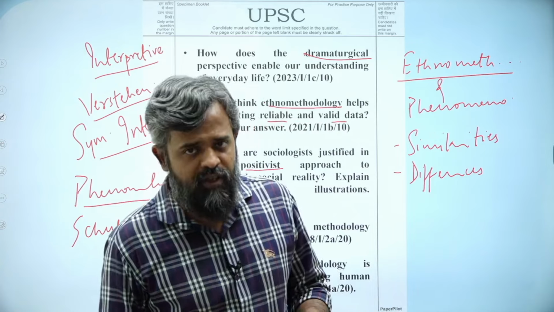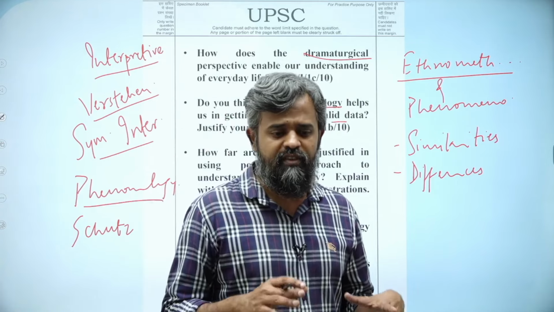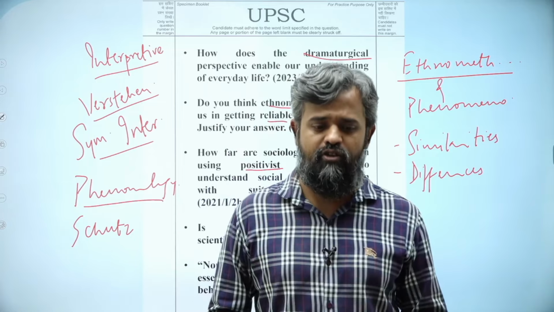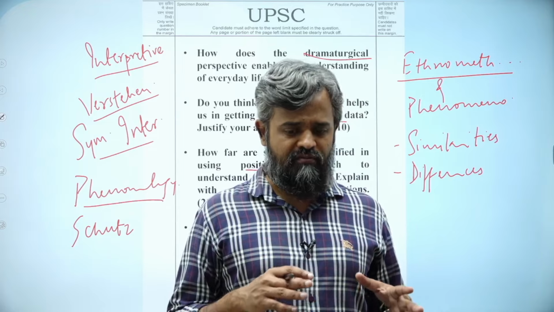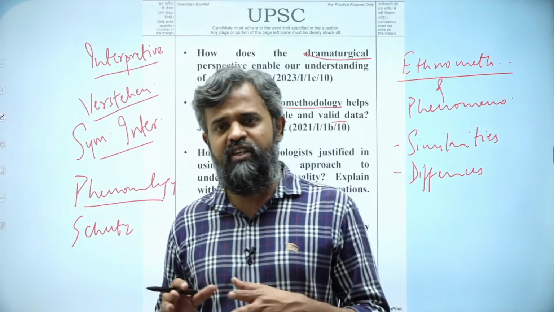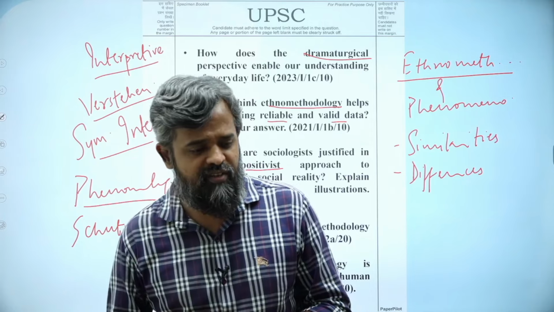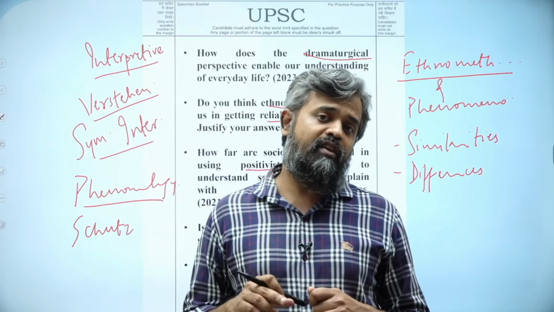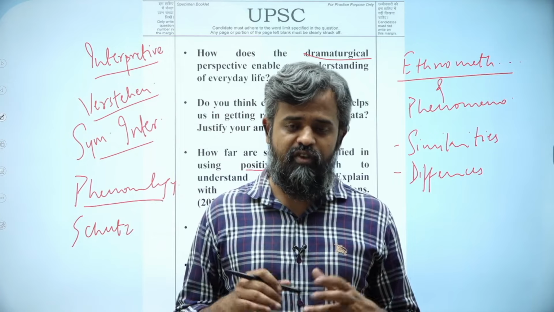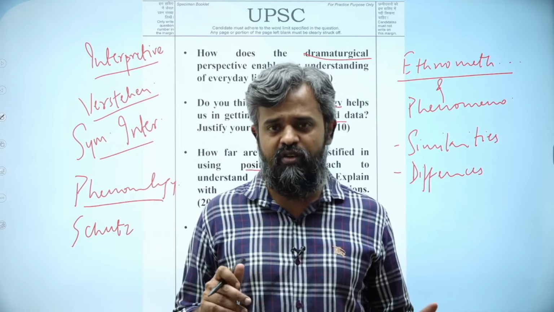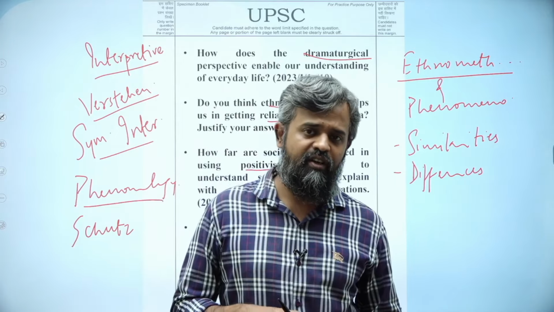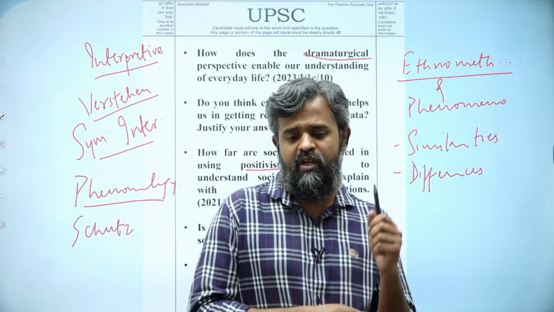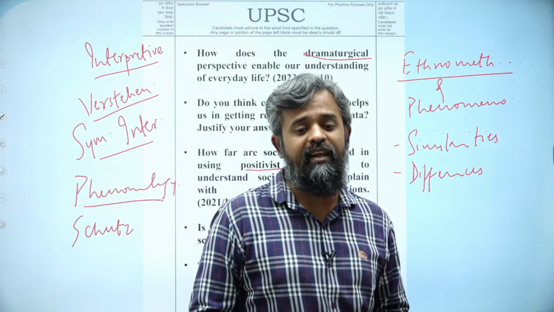Then they also differ in their disciplinary orientations. Phenomenology borrows from philosophy as well, whereas ethnomethodology has linkages with symbolic interactionism. They are also different in terms of the research questions. For phenomenology, it's around immediate consciousness. For ethnomethodology, it is the directly observed social situation. And then levels of analysis.